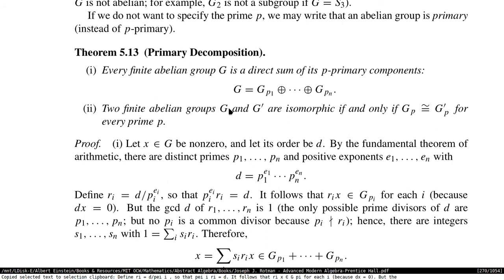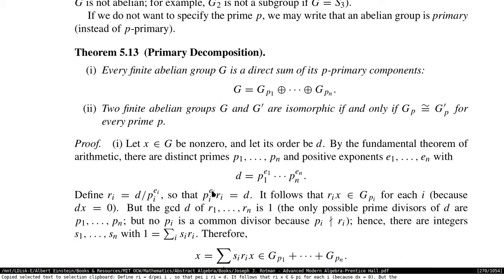Ri times x is going to be equal to d over pi to the ei times x.